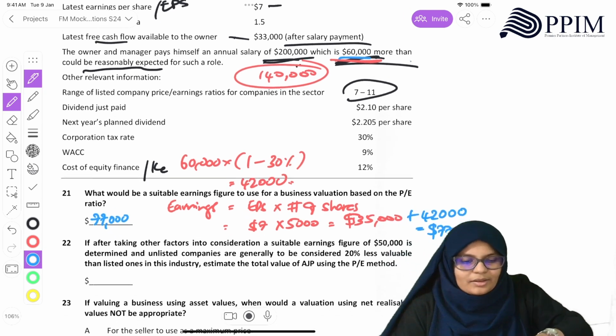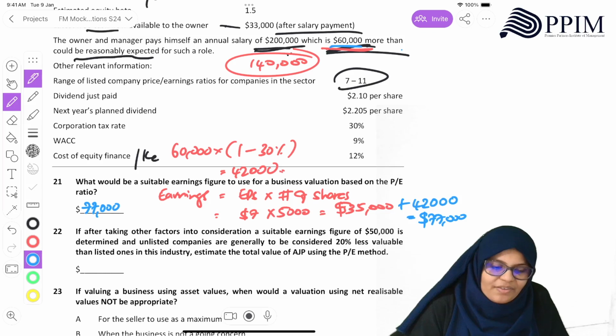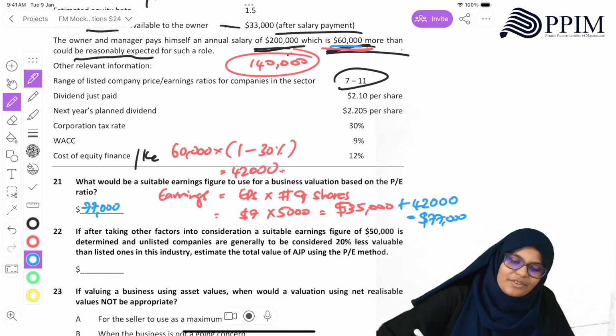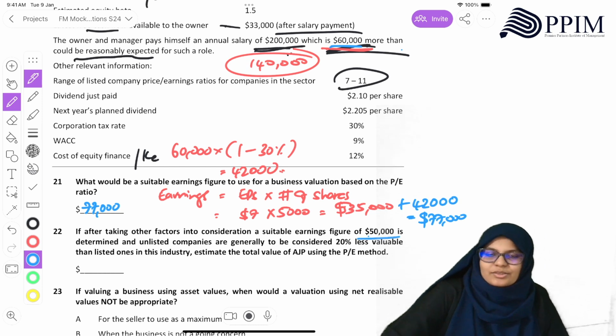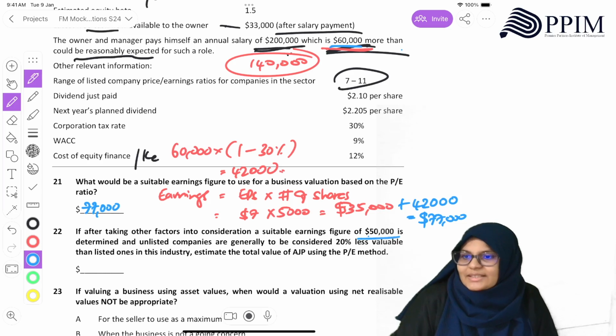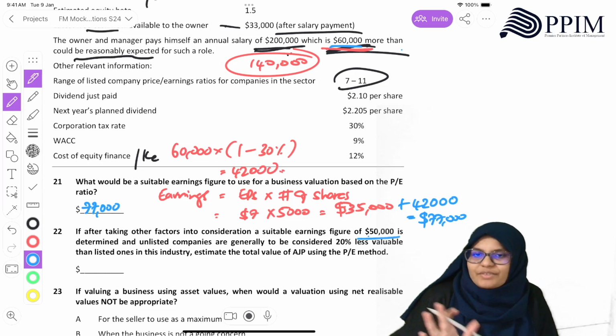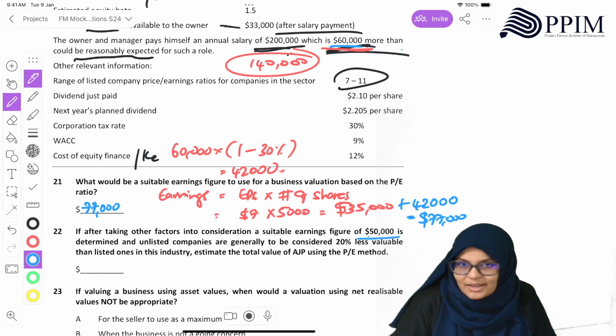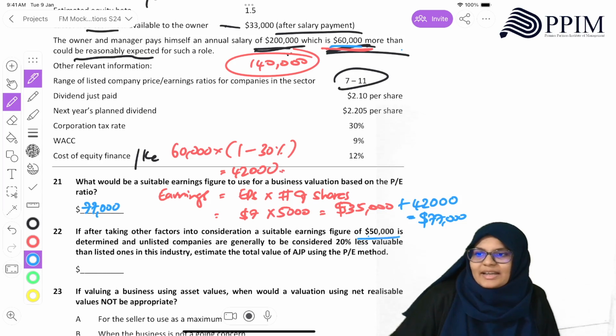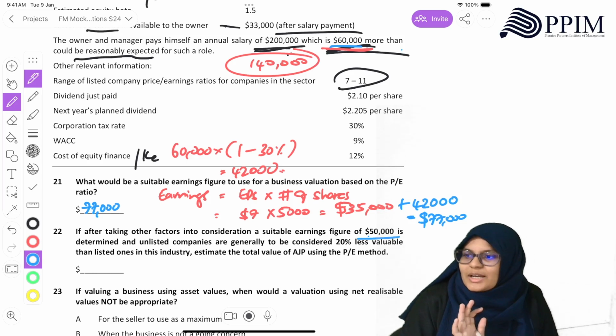Okay, right. 22. If after taking other factors into consideration, they are saying a suitable earnings figure of 50,000 is determined. So I know the actual earnings is 77,000, but they are asking me to use 50,000. So here the advantage is, even if in the previous question you were stuck, you are not carrying forward any answer to number 22. You can just continue because they have given you a figure to assume.